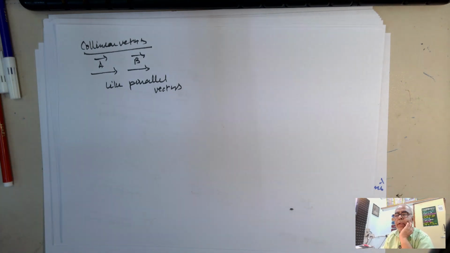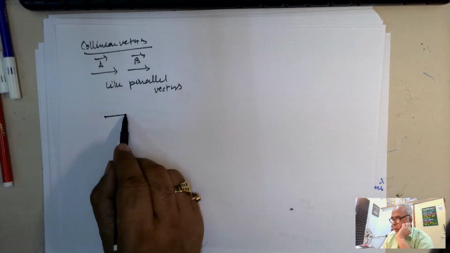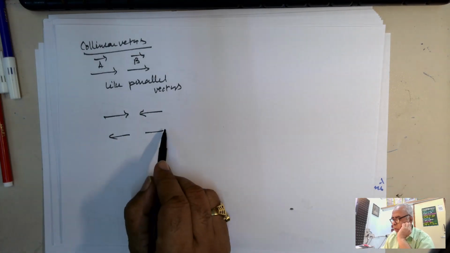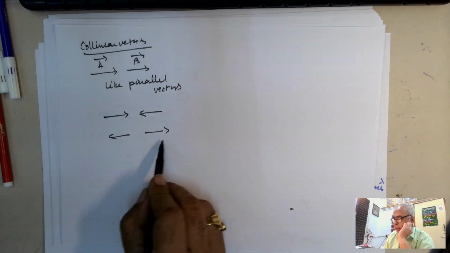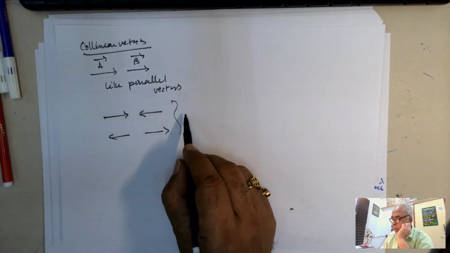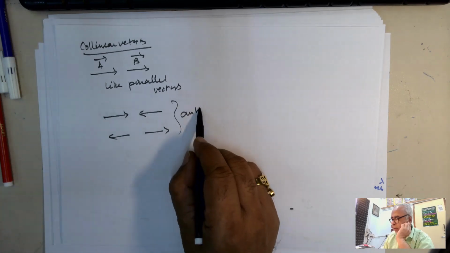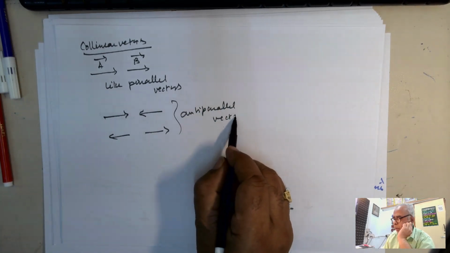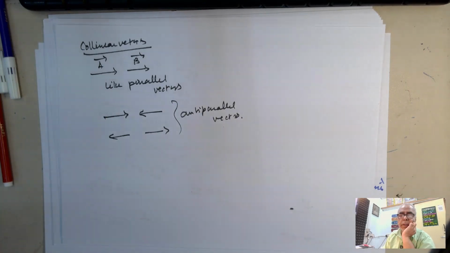And when the two vectors are in opposite directions, but they are acting in the same line, like this tug of war, they are acting in the same line but in the opposite direction. So they can be called anti-parallel vectors, and the angle between them will be 180 degrees in this case.